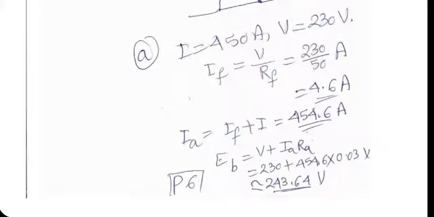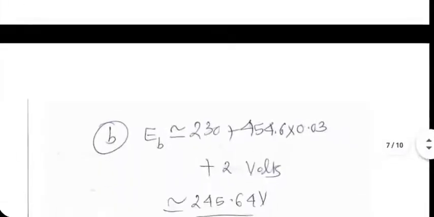So EB will be V plus IARA plus 2 volt. EB has to be a little higher in this case to take care of the losses in the brushes rather. So the answer will be 245.64 volts in the second case.